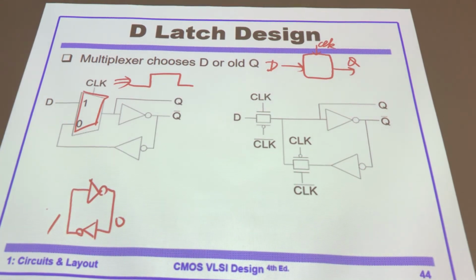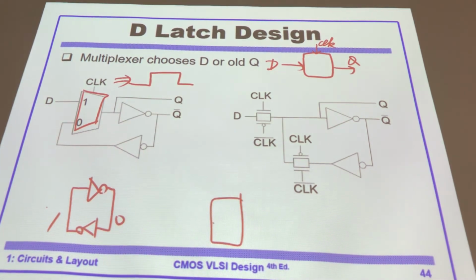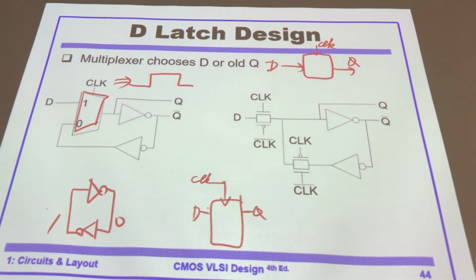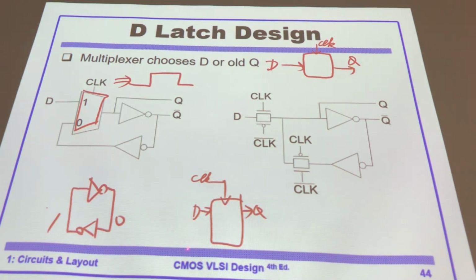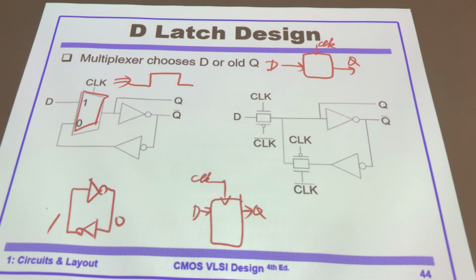If you have already learned digital logic or introduction to computer science, you remember the D flip-flop? Some of you might remember this kind of circuit, right? But the D flip-flop is not the same as the D latch. For the D flip-flop, we're looking at the edge, not the level.